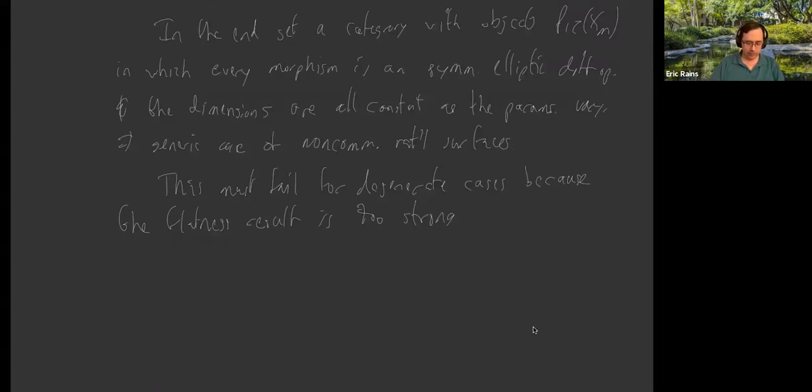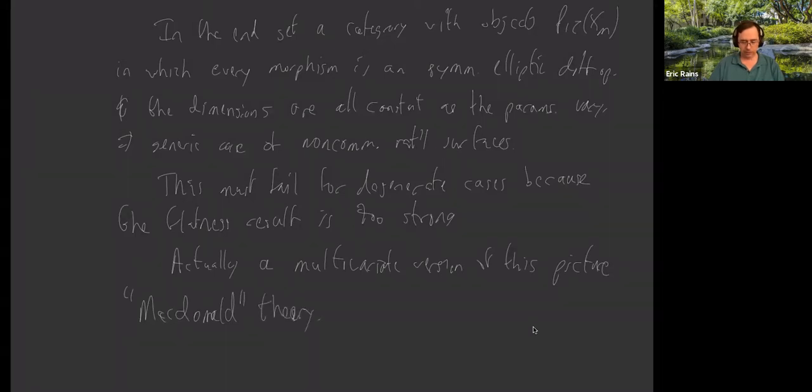And so we need something else. The other ingredient is that there's a multivariate version of this picture, which is closely related to the theory of Macdonald polynomials. In particular, there's an elliptic version of Macdonald polynomials, which are certain biorthogonal functions that satisfy analogs of the main properties of Macdonald polynomials.